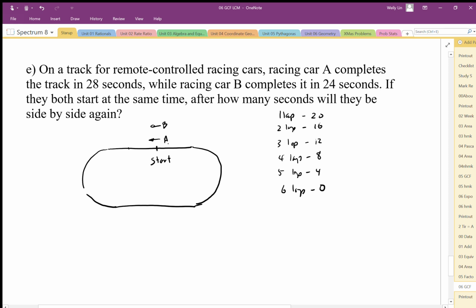When are the multiples going to end up being the same time? 28 seconds is 2 times 2 times 7, and 24 seconds is 2 times 2 times 2 times 3.